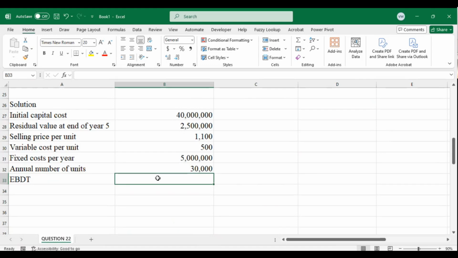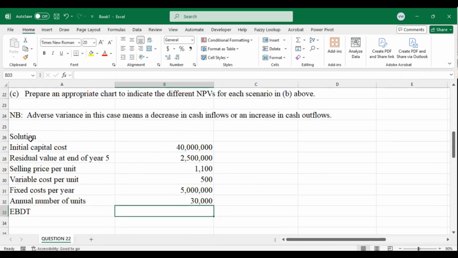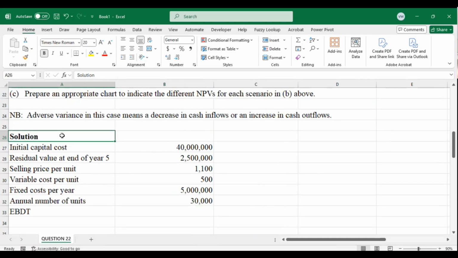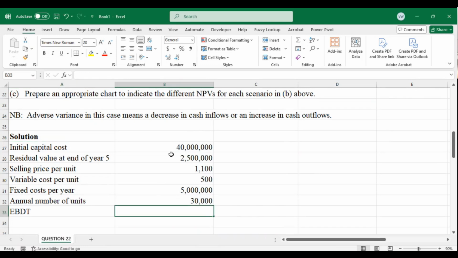So now that we want to compute the earnings before depreciation and tax, you realize that there's something I'm doing deliberately. I'm ensuring that every variable is in its own separate cell, so that when I'm carrying out sensitivity or scenario analysis, I can reference that particular cell, and that is very, very important.